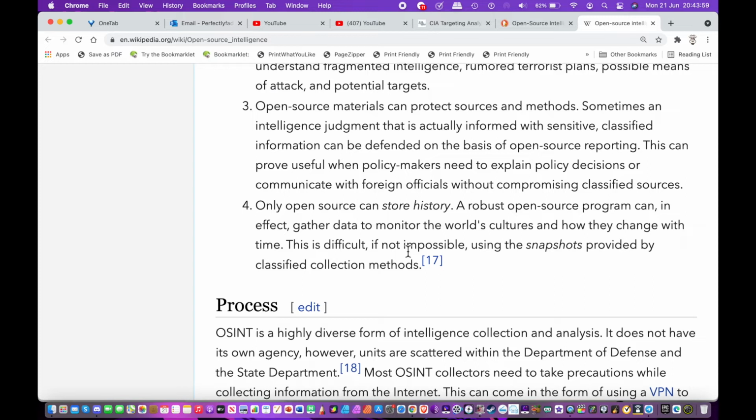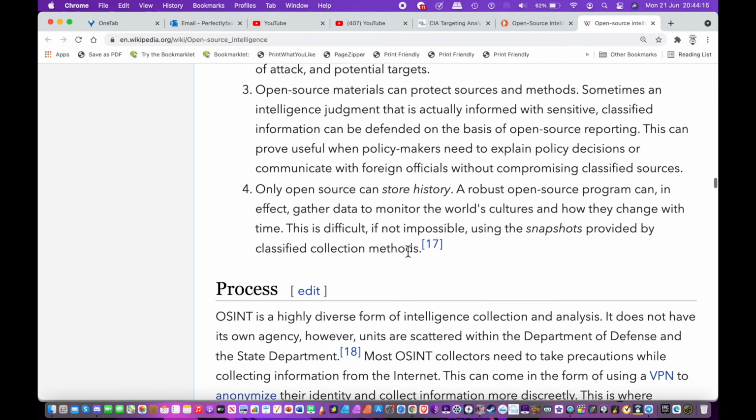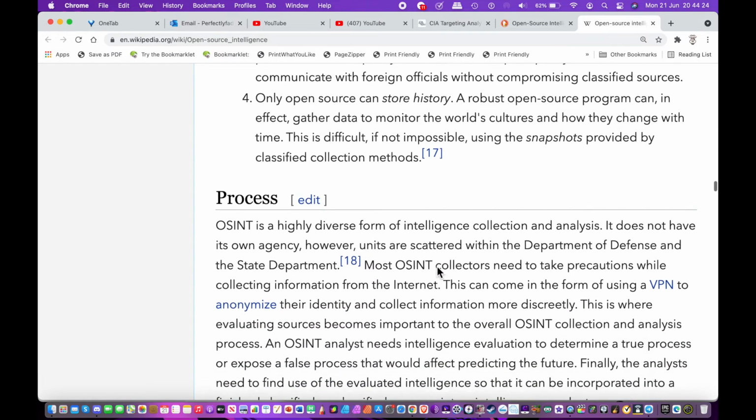Only open source can store history. A robust open source program can, in effect, gather data to monitor the world's cultures and how they change with time. This is difficult, if not impossible, using the snapshots provided by classified collection methods.